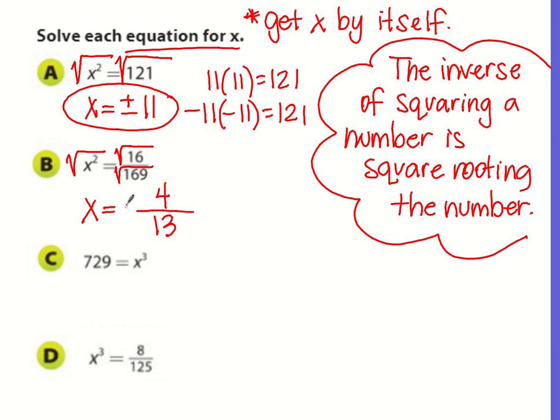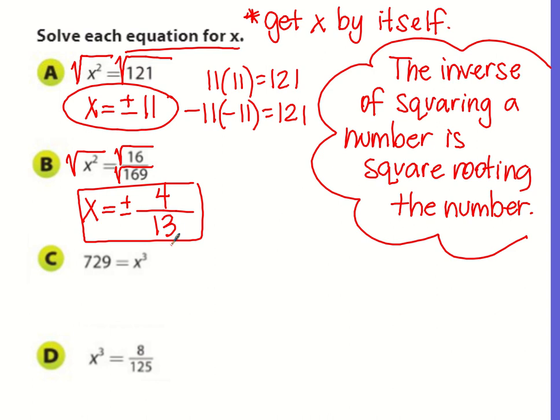So x equals plus or minus 4/13. Because again, positive 4/13 times positive 4/13 gets me 16 over 169, and negative times a negative gets me the positive 16 over 169.